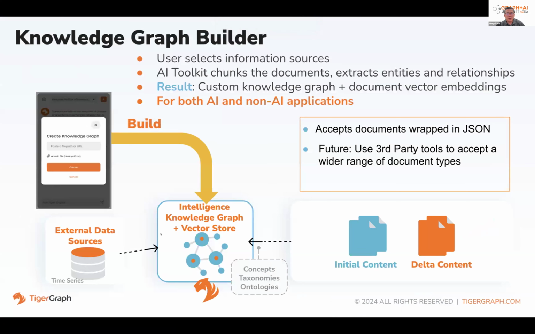So TigerGraph, like any database, lets you extend your record with vector attributes, and then you can do top-K search using a similarity score, or you can do range search by providing a query vector and a cutoff.